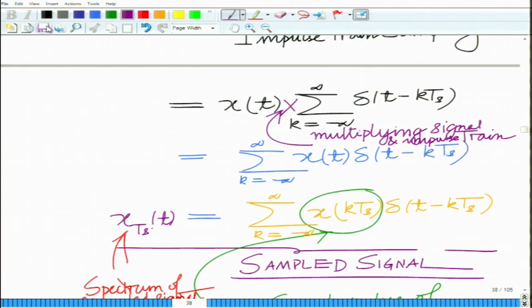When you multiply two signals in the time domain, in the frequency domain the corresponding Fourier transforms are convolved. So, the spectrum of the sampled signal is given by the convolution of the Fourier transform of the original signal xt with that of the impulse train that we have just derived.